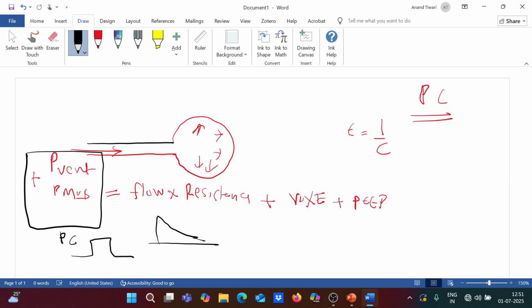The decelerating pattern will be there, and depending upon the resistance, whether it is high or the compliance is low, the volume will be variable. So the volume will be variable depending upon the elastance. If there is a low compliance, a lower volume will be delivered. If the elastance or the compliance is normal, then a higher volume will be generated. So what does it mean?